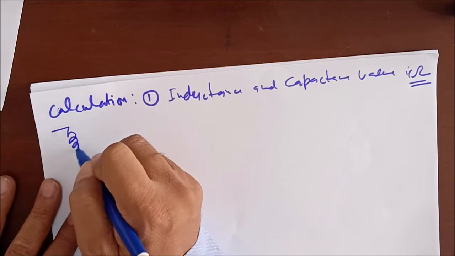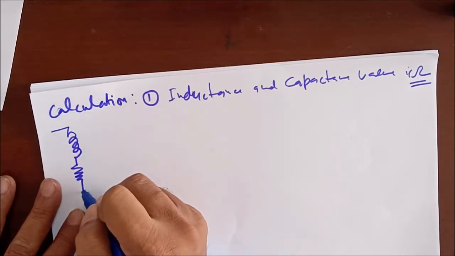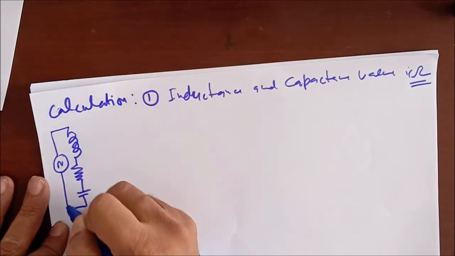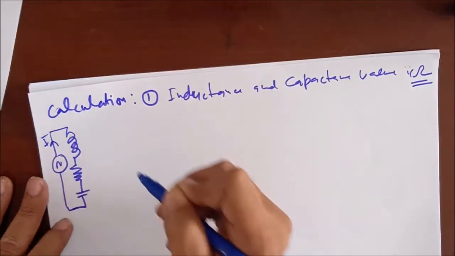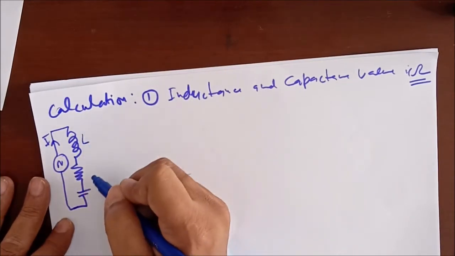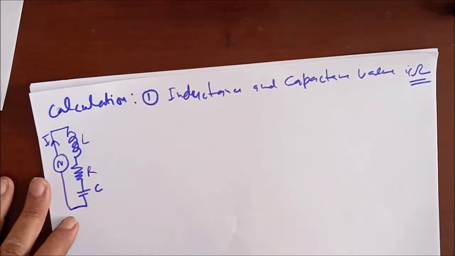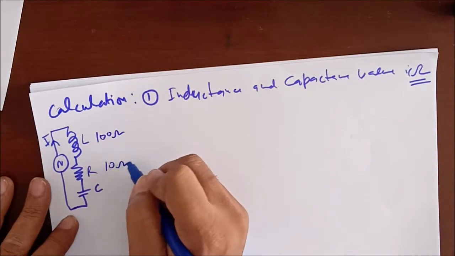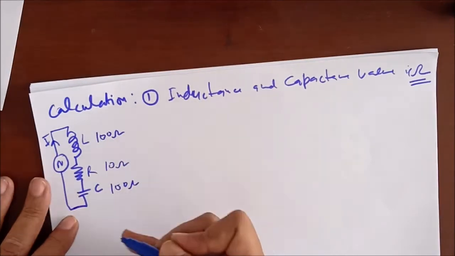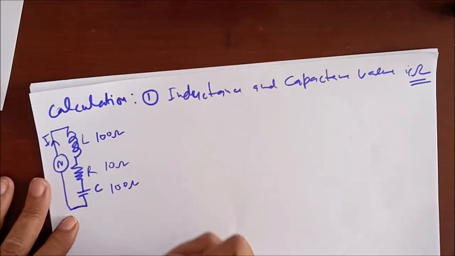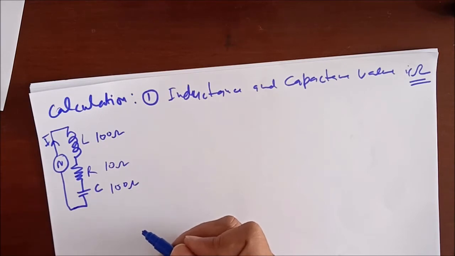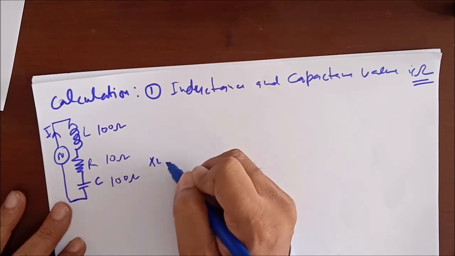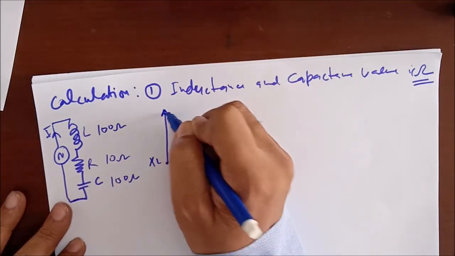I have L, R, C, and of course there is some AC voltage source. Of course I is also flowing through it. For example, L is 100 ohm, R is 10 ohm, C is 100 ohm, because all values are in ohms. If I plot a phasor diagram, first XL will start from here and go in this direction, 100.